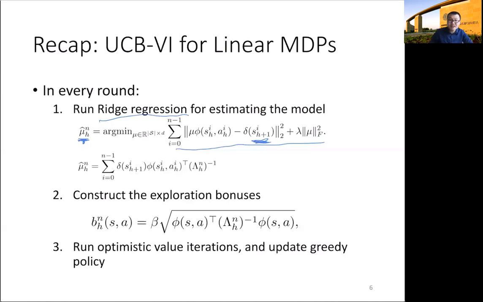And then the idea follows from the same UCB-VI for the tabular MDP: we want to run optimistic value iteration by interlacing these exploration bonuses in the value iteration steps. After every episode of data, we update the policy into the greedy policy that's output from the optimistic value iterations.